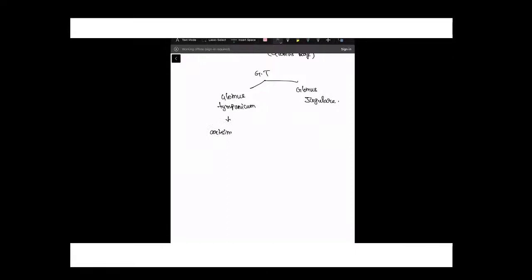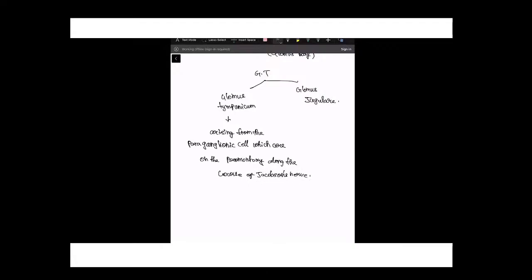Glomus tympanicum is arising from the paraganglionic cells, which are on the promontory along the course of Jacobson's nerve.